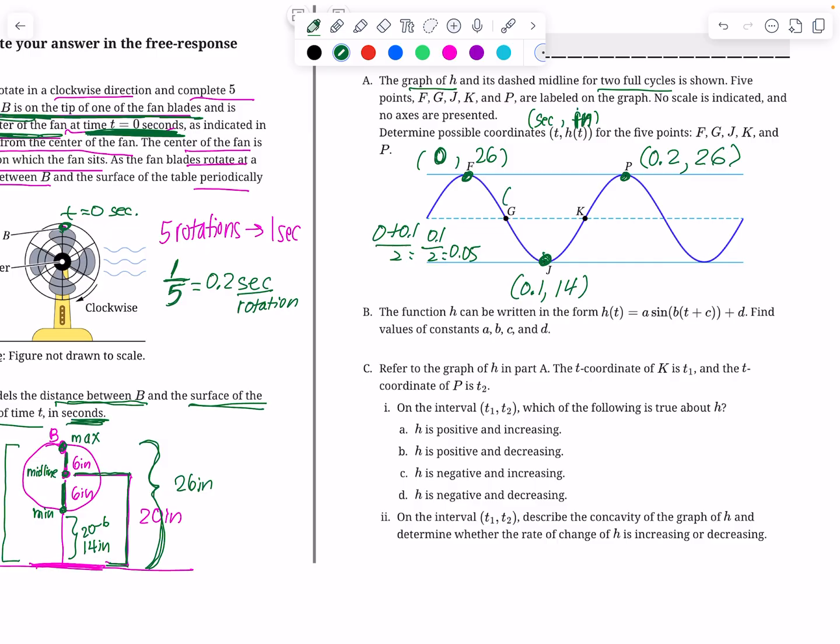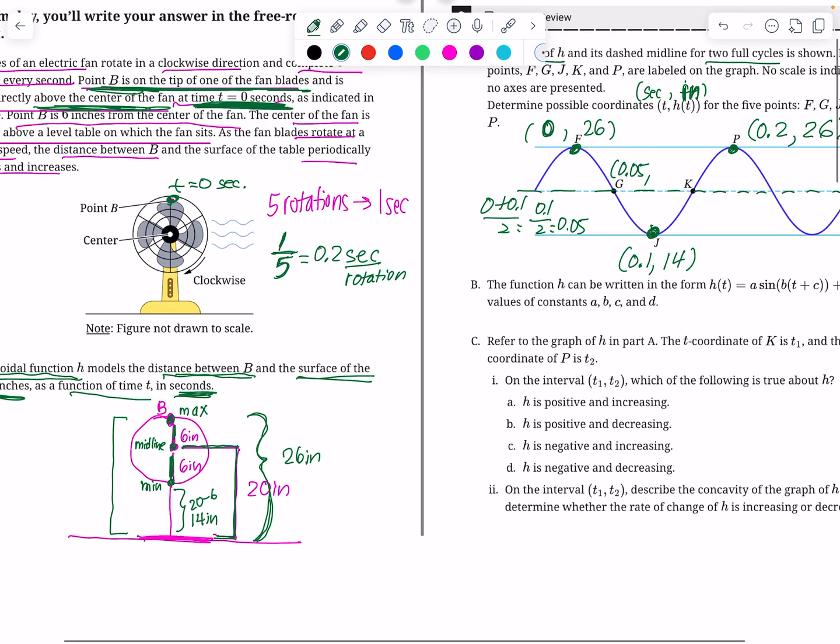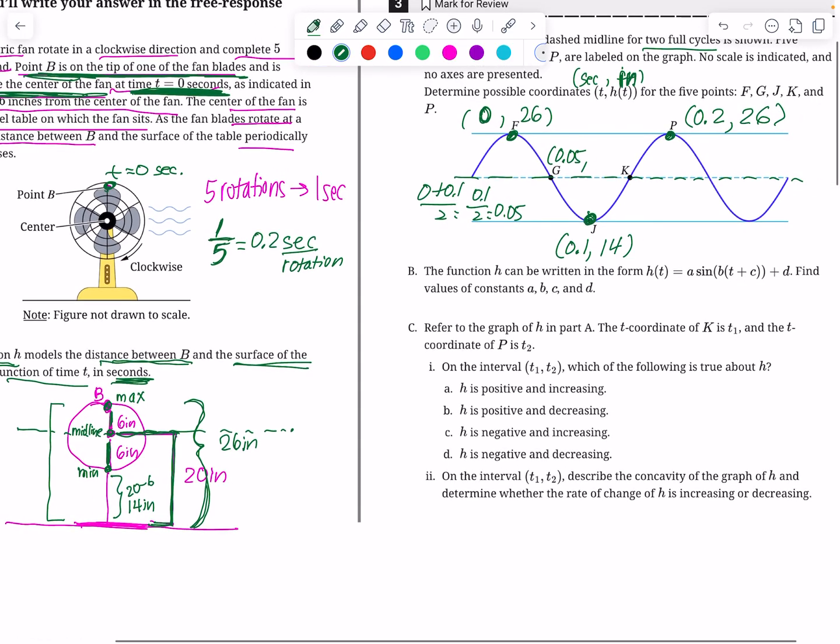And that's how we got the x coordinate for G. Now, keep in mind, this is the midline, and the midline is the center. So when we look at the midline right here, we see that it was 20 inches. So here, this is 20.